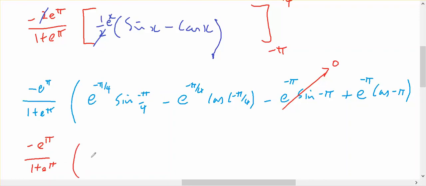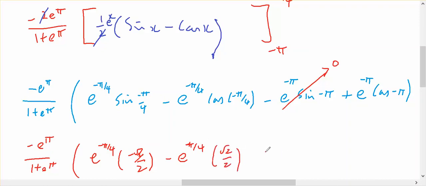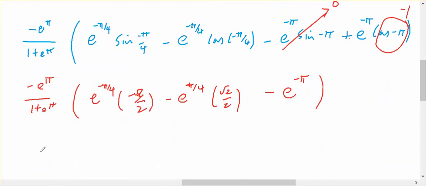I've got e to the minus pi on 4 times negative root 2 on 2 minus e to the minus pi on 4 times positive root 2 on 2 minus e to the minus pi, because that's equal to negative 1, therefore that will turn it to a negative.